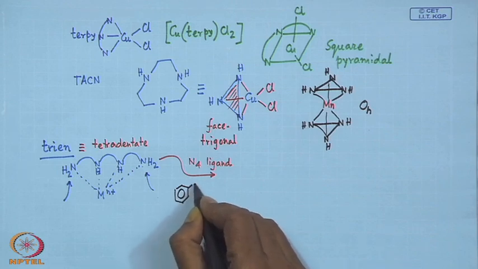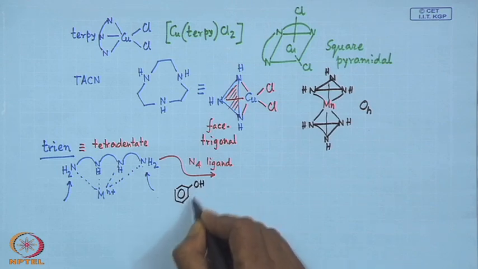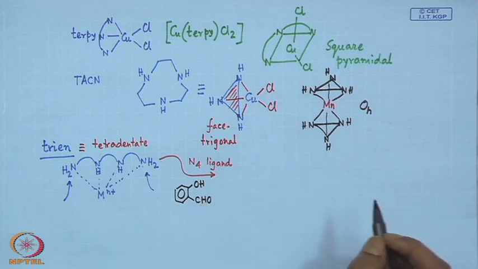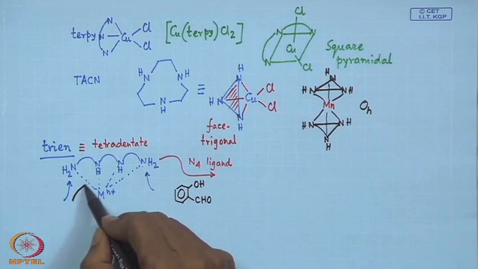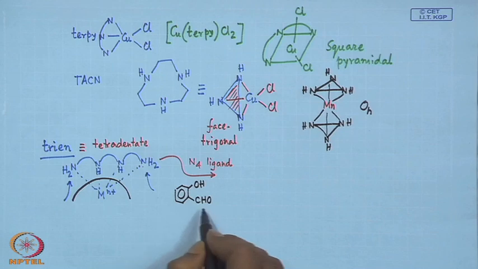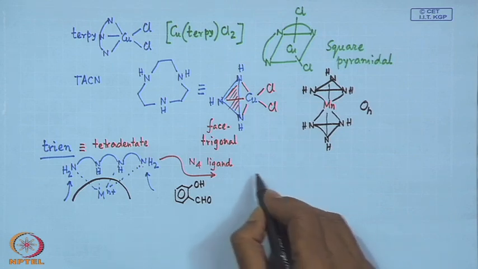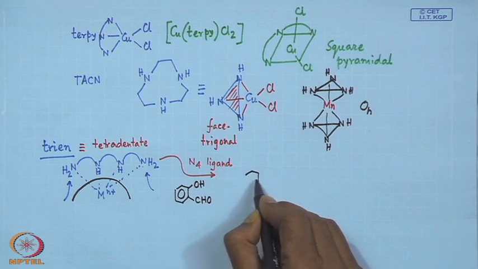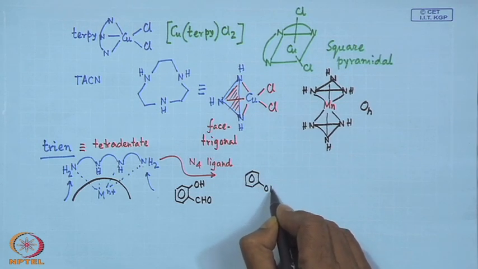and these NH2 ends are very well known for the formation of Schiff bases with, say, 2-hydroxy benzaldehyde or salicylaldehyde. So, not from the ligand itself, but for the Trien. So, Trien, when it reacts with two molecules of salicylaldehyde, we get the corresponding hexadentate ligand, which is a very useful ligand.